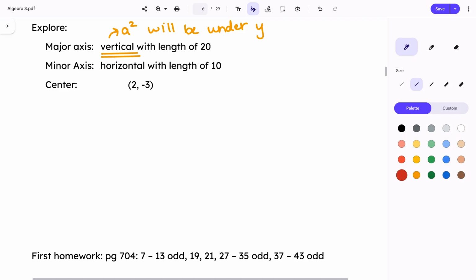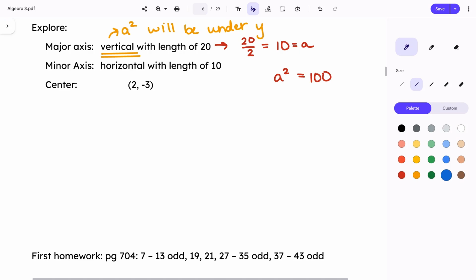Okay, so now let's keep seeing what they're giving me here. It says vertical with a length of 20. That's the whole distance. So how far is it just halfway? 10. You're going to take 20 divided by 2. That's going to be your a. So if a is 10, what's a squared? 100. Okay, so then the minor axis would be going underneath the x for this one because it's horizontal.